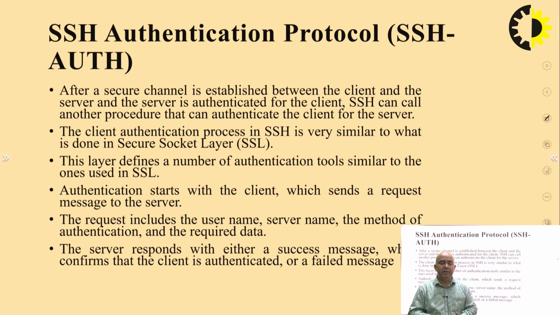It means that whenever the request is sent, the client-side username, the server name it is sent to, what kind of authentication is used, and the required data are sent by the client side to the server side.